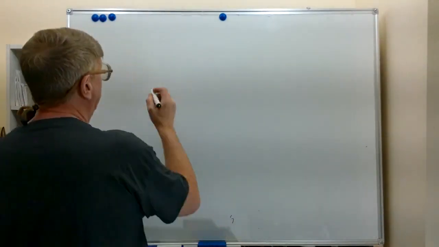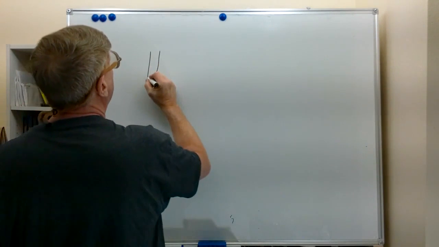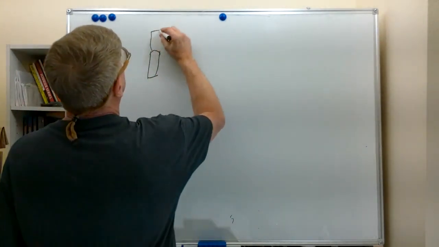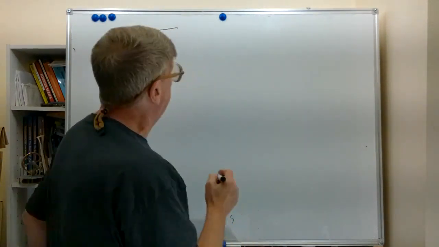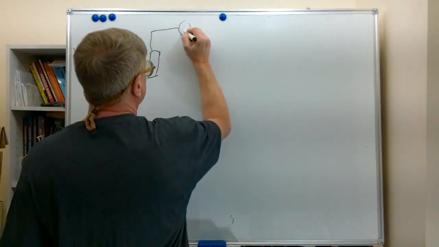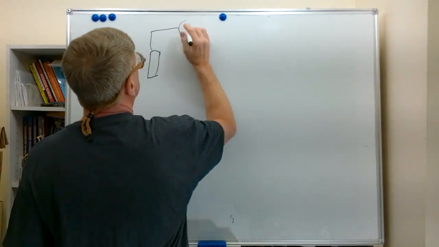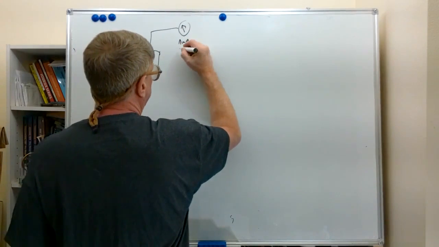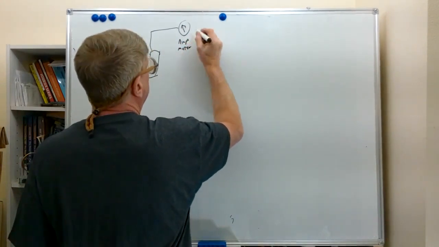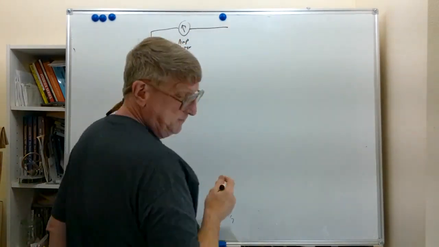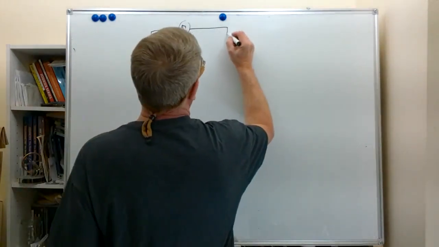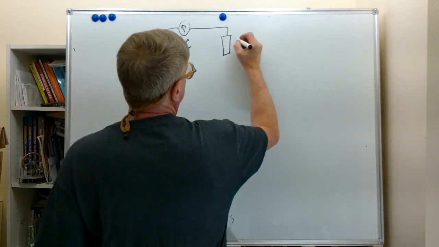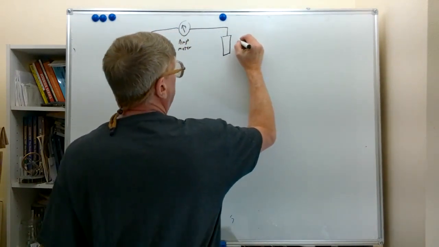We're going to draw a battery. I'm going to draw this the pictorial type. Here's a battery. And we're going to go up here through an amp meter, and we're going to go through a load, which I'm just going to say is a heater.